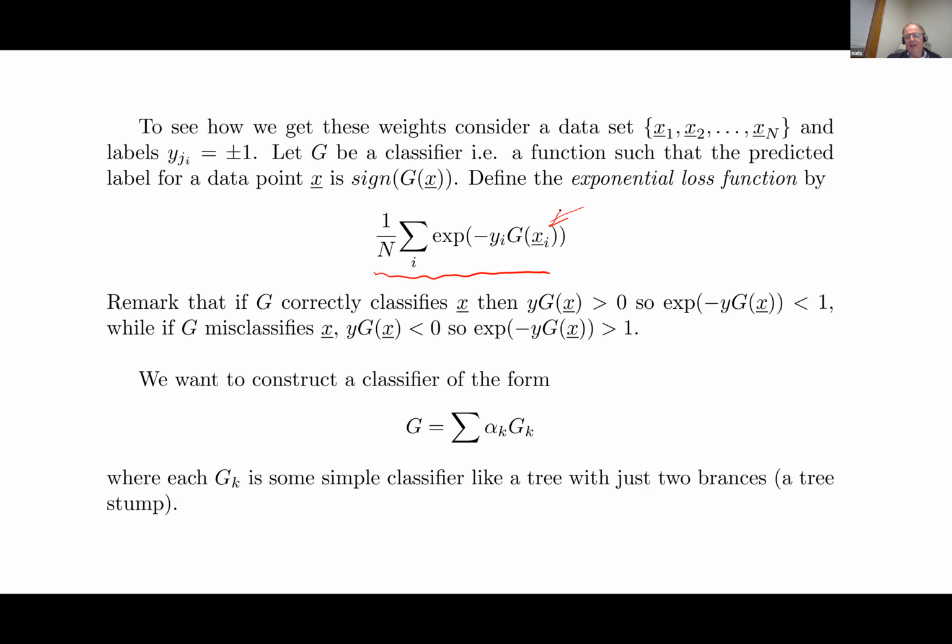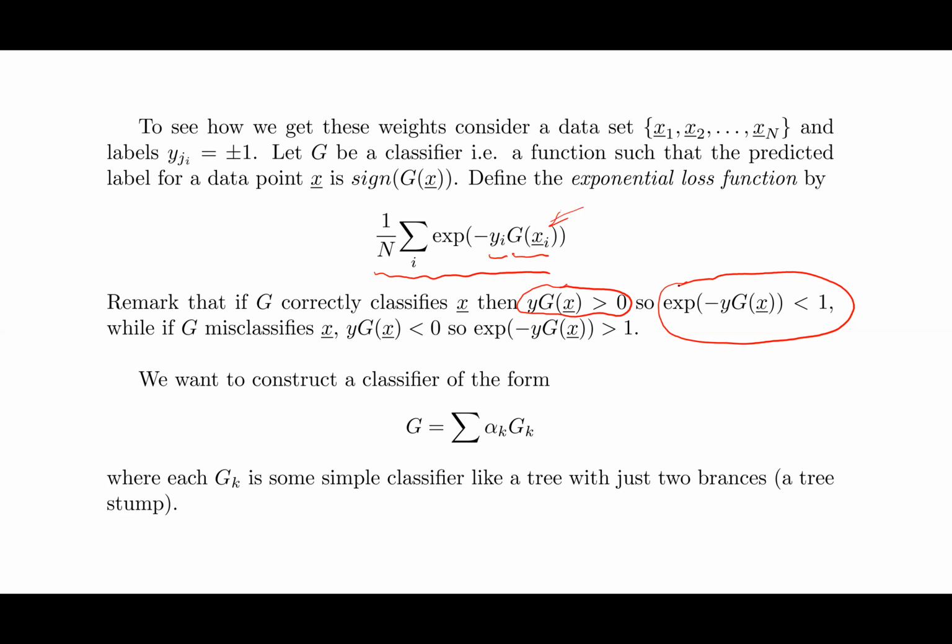Then the product here is positive. There's a minus in front of it, that means it's negative. So if we have correct classification, this is positive, and so exp of minus this will be less than 1.